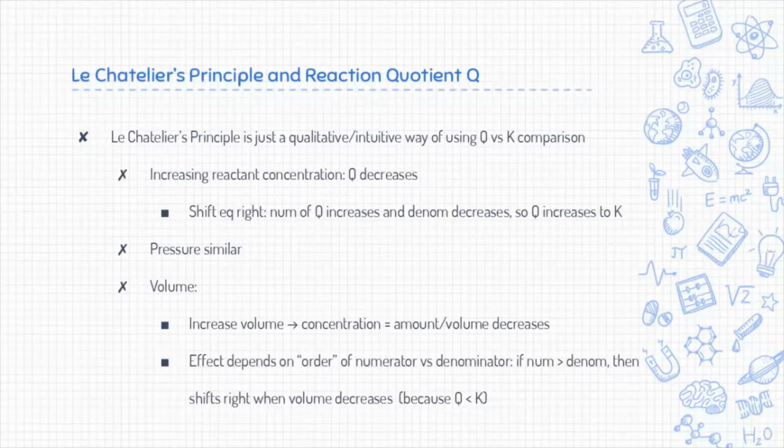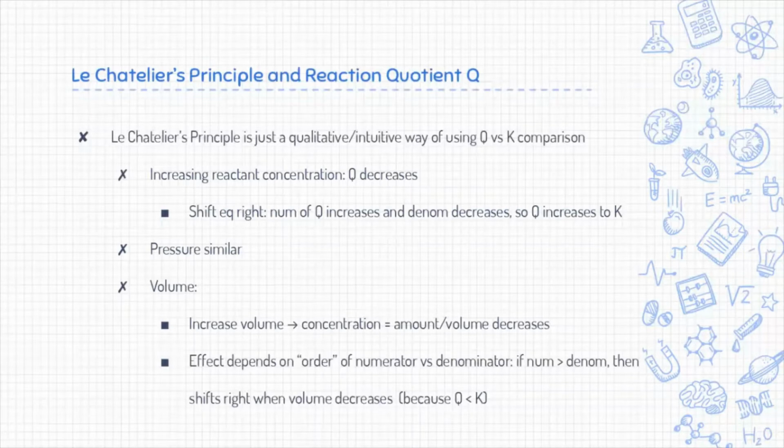Because you are increasing the denominator of that Q fraction. So now Q gets lower than K. And as Kwan was talking about earlier, the system always wants to make Q equal to K. So Q is going to increase, and you can do that by increasing the numerator and decreasing the denominator, which is what happens when the reaction shifts to the right.